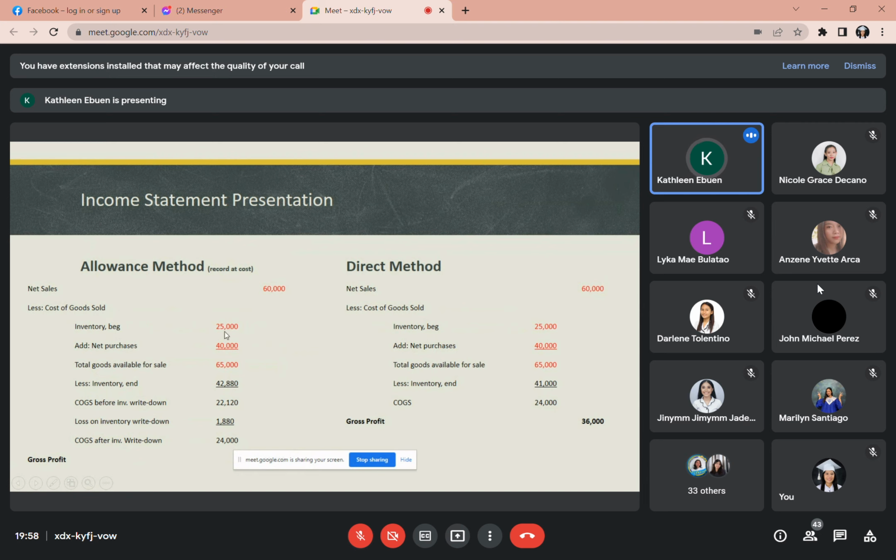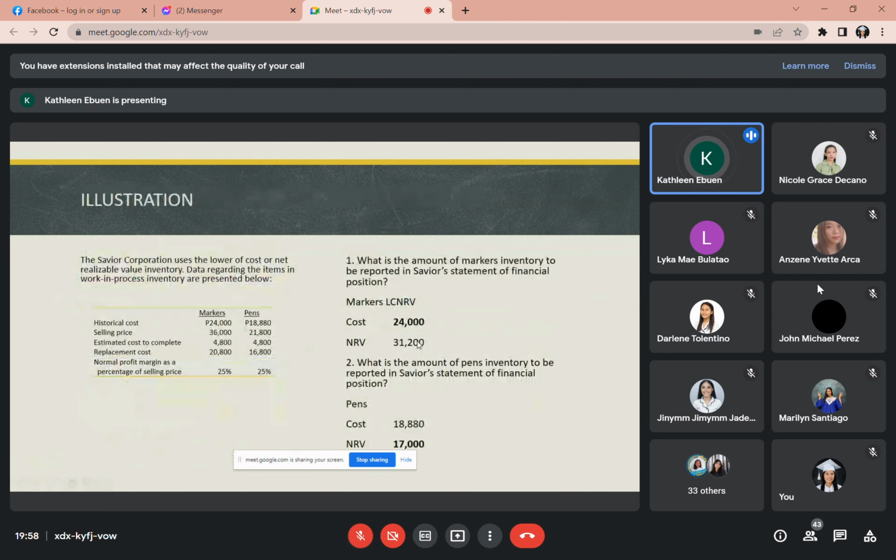So inventory beginning, for example, we assume meron tayong 25,000, net purchases of 40,000. So therefore meron tayong total goods available for sale na 65,000. Ililess natin ngayon class si ending inventory. Okay. So yung ending inventory natin class, we have the markers at saka pens.